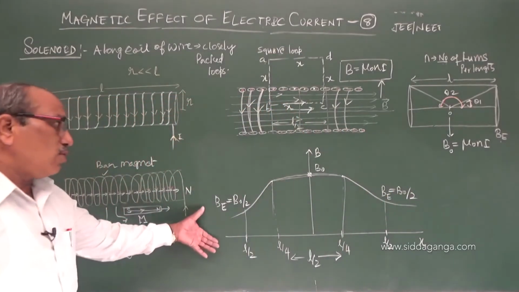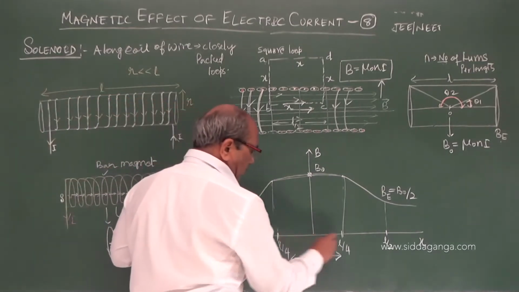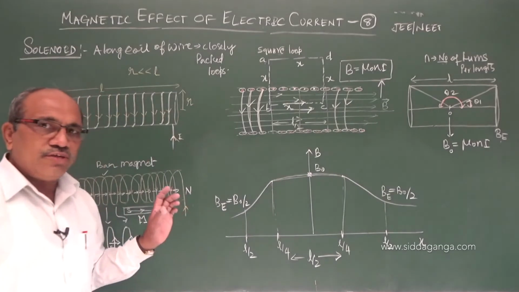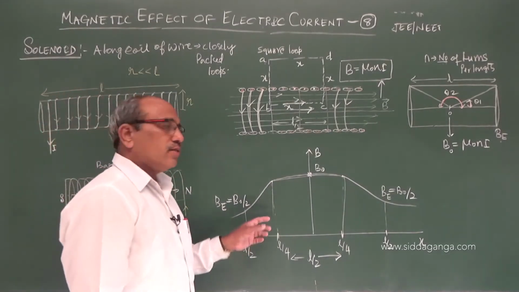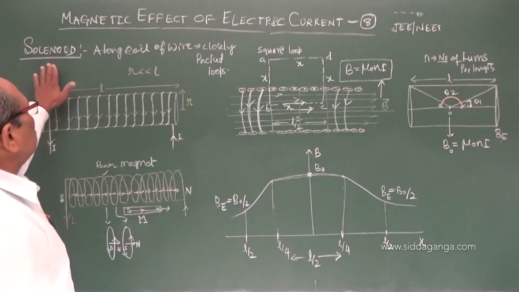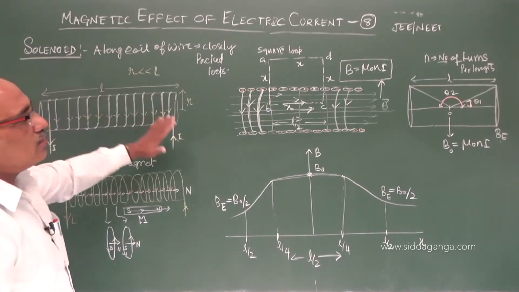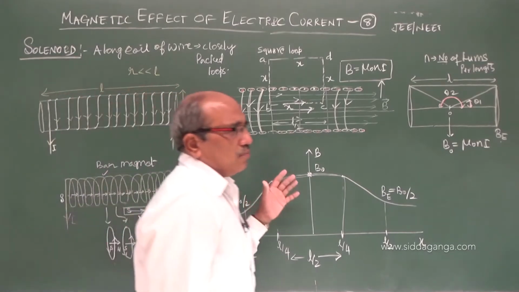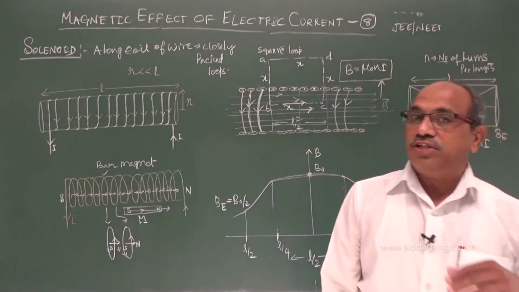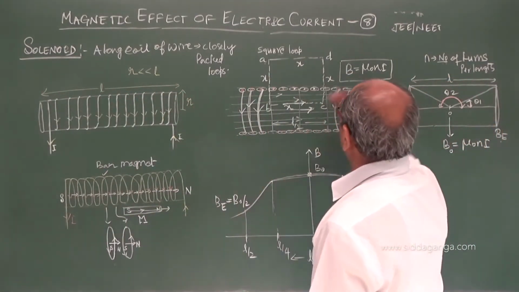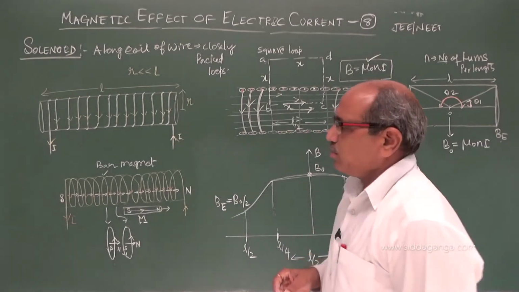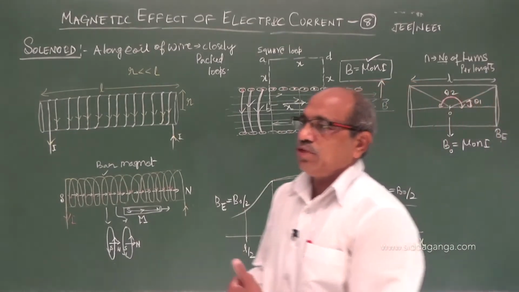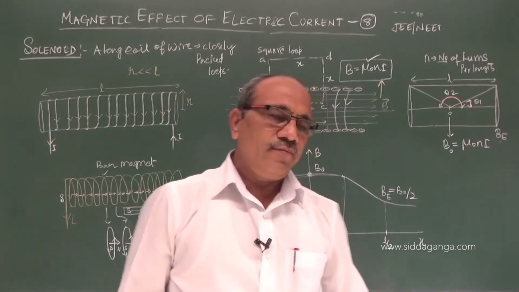This is the curve showing that for a considerable length, to get a uniform magnetic field over a long range, the best device is the solenoid. For the board exam, you may be asked what a solenoid is, and to write the expression for the magnetic field produced by a solenoid, depending on n, the number of turns per unit length, and the current.